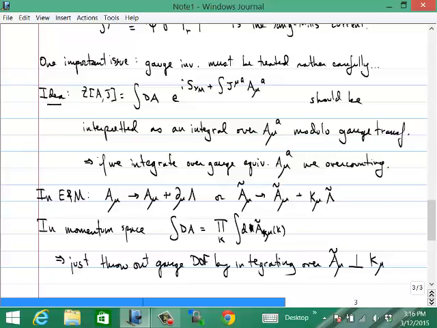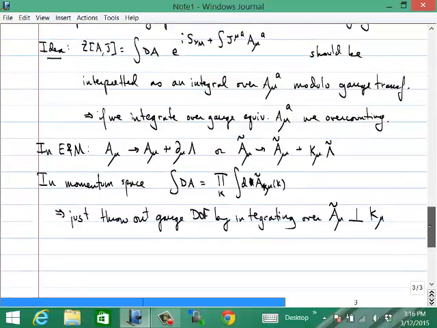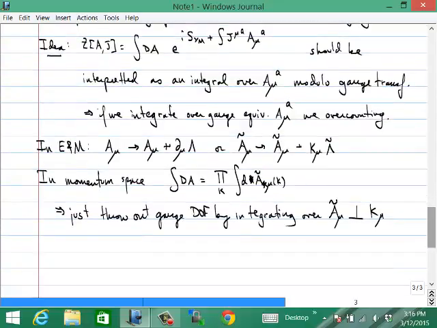Okay. Now you can immediately see what the problem is in Yang-Mills theory. So in Yang-Mills theory, as we noted before, the variation of the gauge field is actually a covariant derivative of the gauge parameter rather than a partial derivative of the gauge parameter.